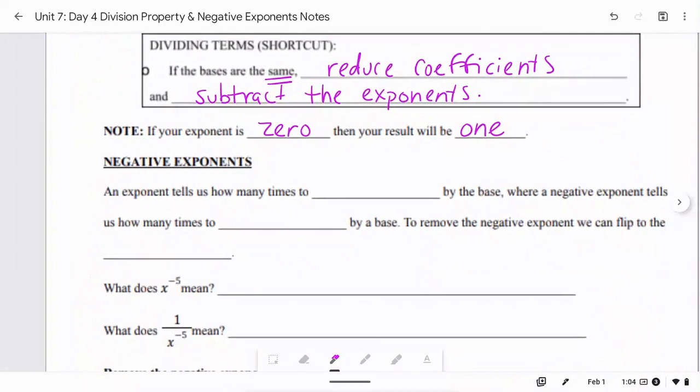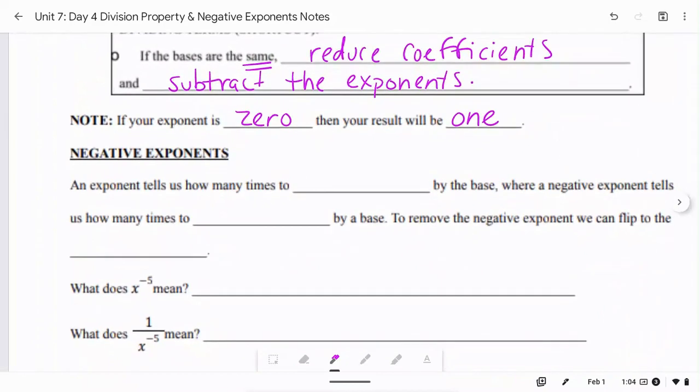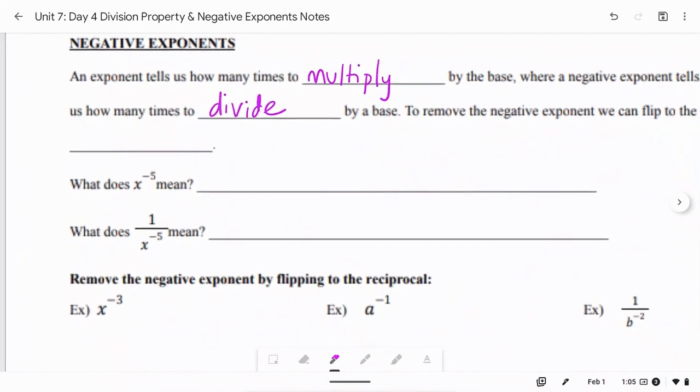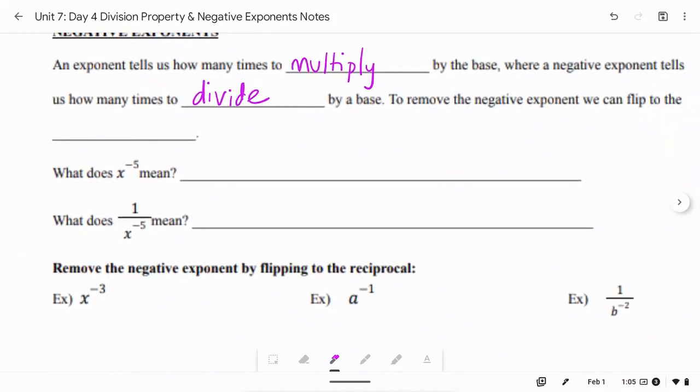So for negative exponent, basically an exponent tells us how many times to multiply by the base, where a negative exponent tells us how many times to divide by a base. So to remove the negative exponent, we can always flip to the reciprocal.